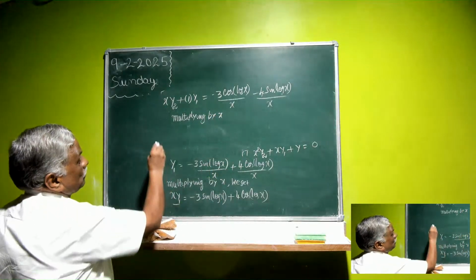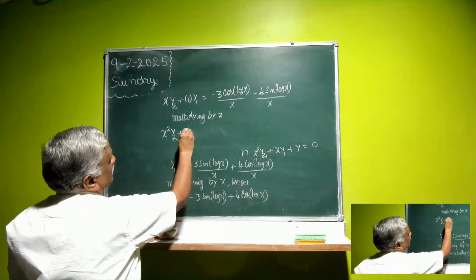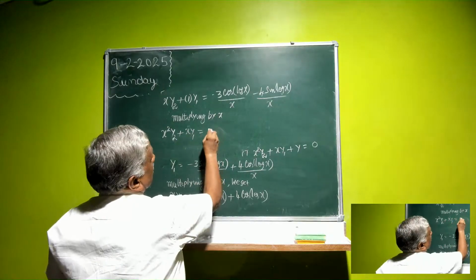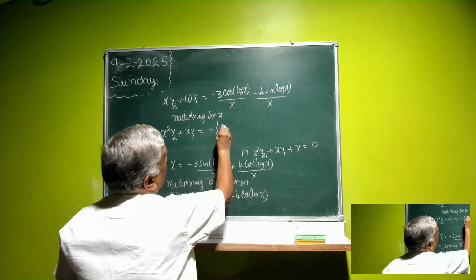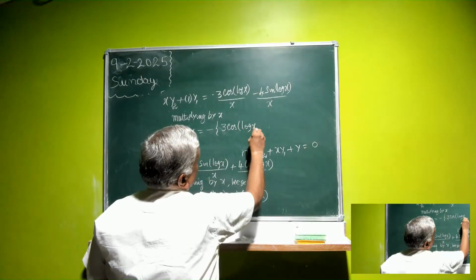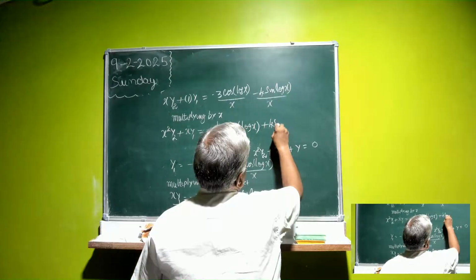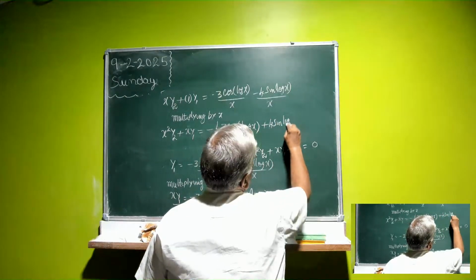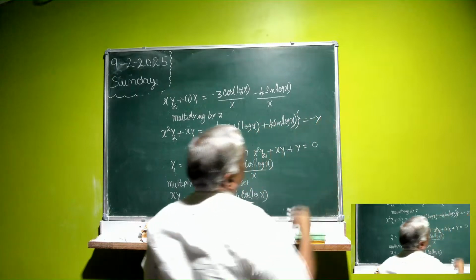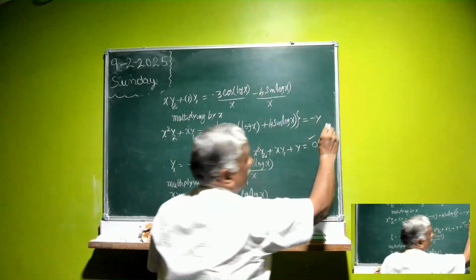This x will become x square y2 plus xy1 is equal to, both have got minus sign, let us take it outside, minus of 3 cos log x plus 4 sin log x. That is equal to minus y. You bring that minus sign to this side, we are going to get the solution.